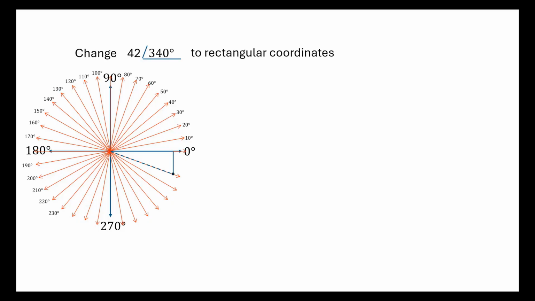Okay, so 340 degrees, we're going to do it just the same way we did the last time. Starting at 0, we're going to go counterclockwise all the way around. We went to 230 last time. We're going to keep going all the way to 340. So 240, 250, 260, 270, 280, 290, 300, 310, 320, 330, 340.